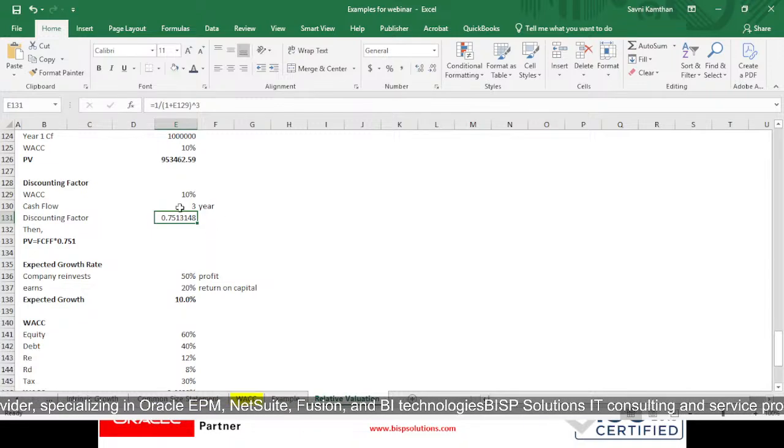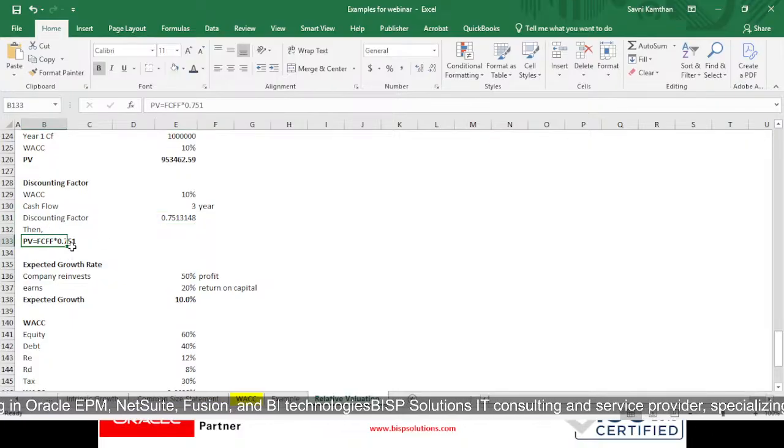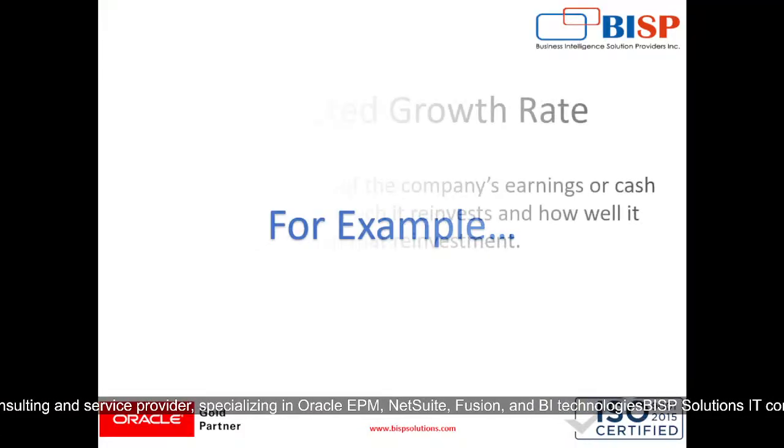Because we are calculating it for 3 years. Then our PV, which is present value, will be FCFF into 0.751, which is the discounting factor, right? So it's like asking what is rupees 100 earned in 3 years worth today, right? So discounting factor is like that only.